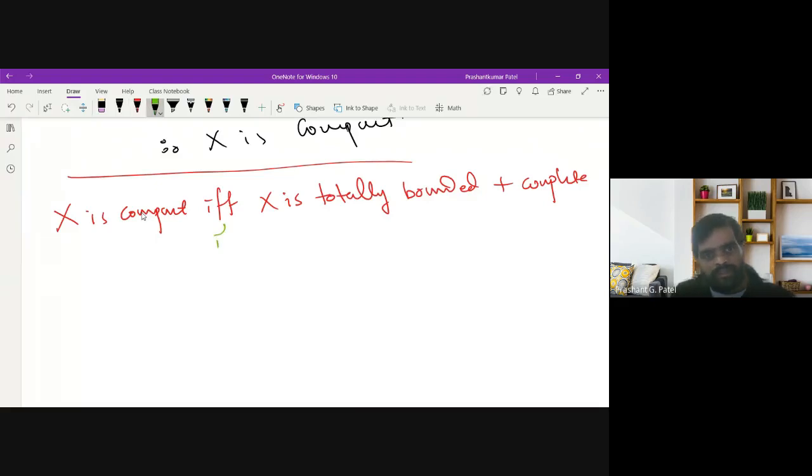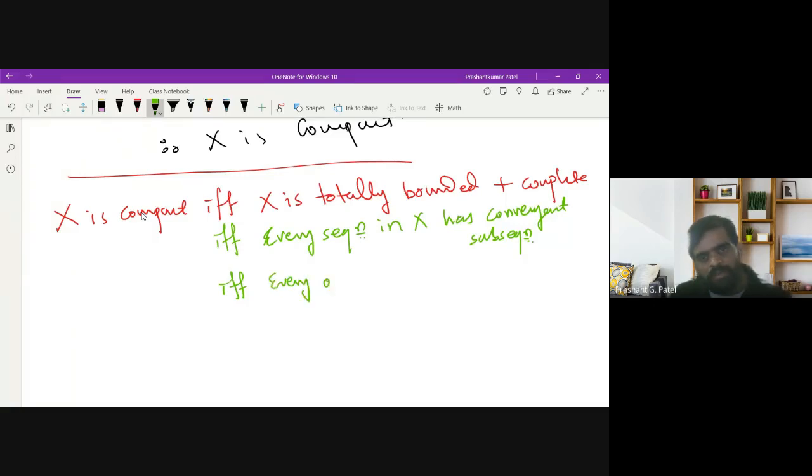The second result: it is if and only if every sequence in X has a convergent subsequence. The third result, we have proved, is the Heine-Borel property. It's equivalent to saying that every open covering of X has a finite subcovering.